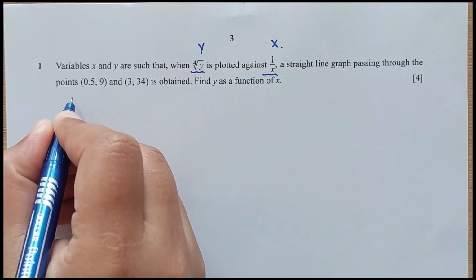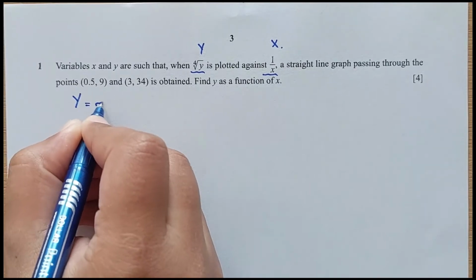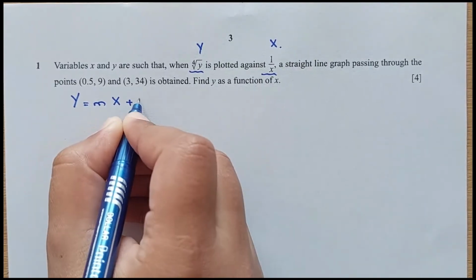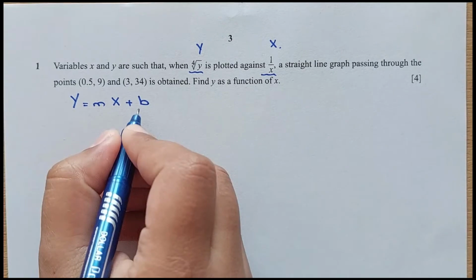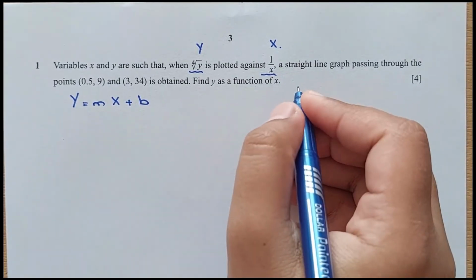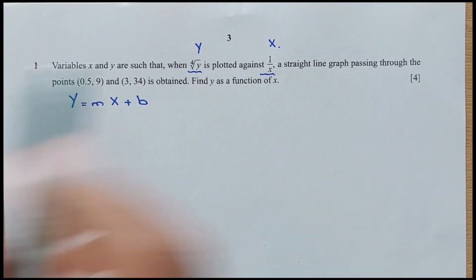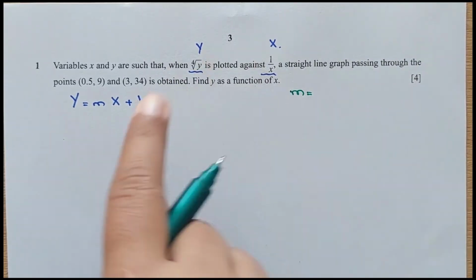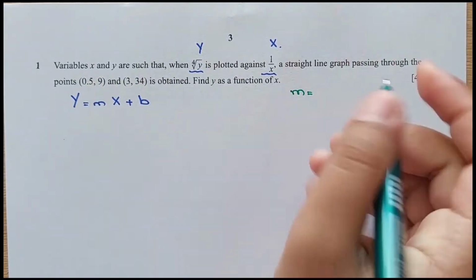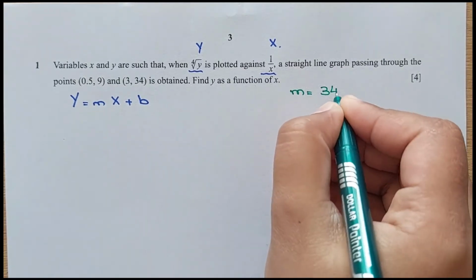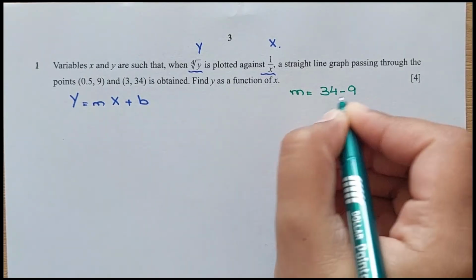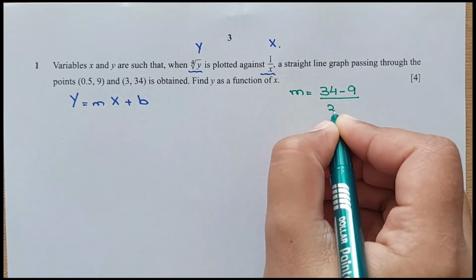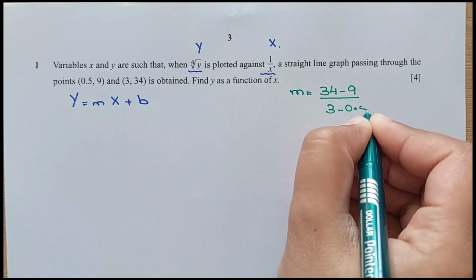So the equation of a straight line is y equals mx plus b, or c. We can take any variable. So m is the slope. Let me solve for m. m is y2 minus y1 over x2 minus x1. So y2 is 34 minus y1 is 9, divided by x2 is 3 minus x1 is 0.5.